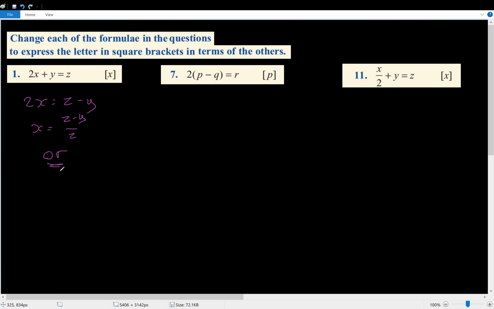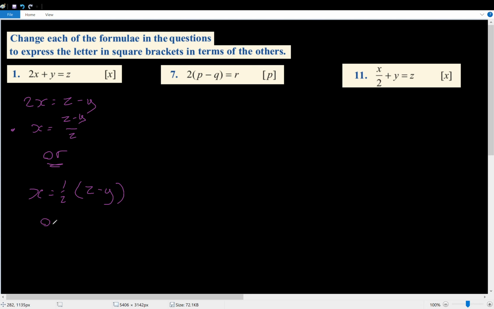The alternative to doing this line here is, instead of dividing by 2, you could multiply the other side by a half. So when you move your 2 over, you get x is equal to 1/2 times z minus y, like that.